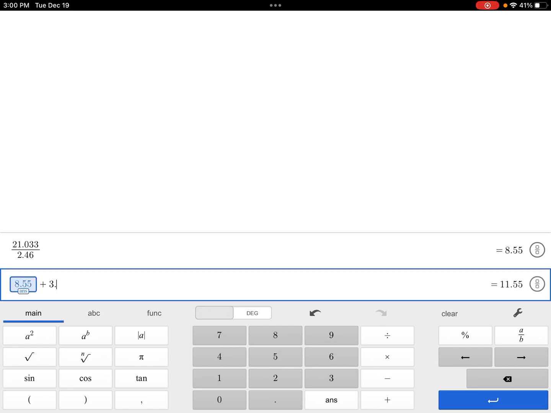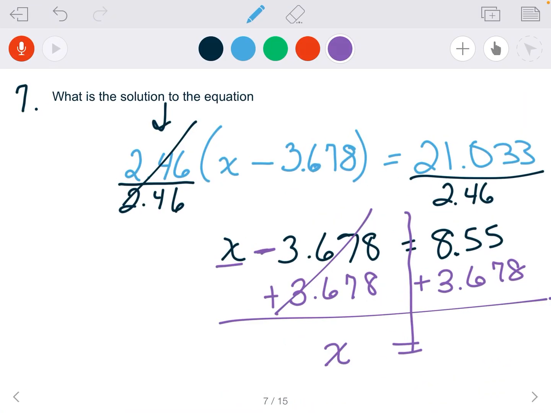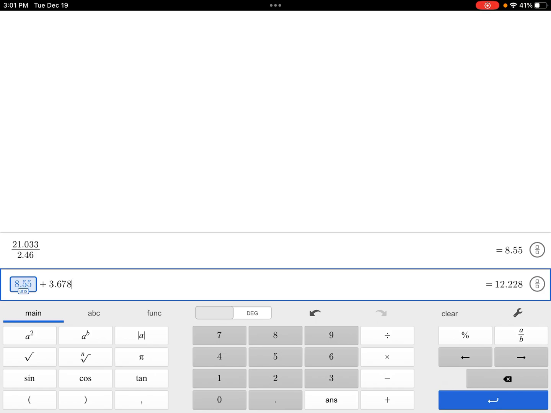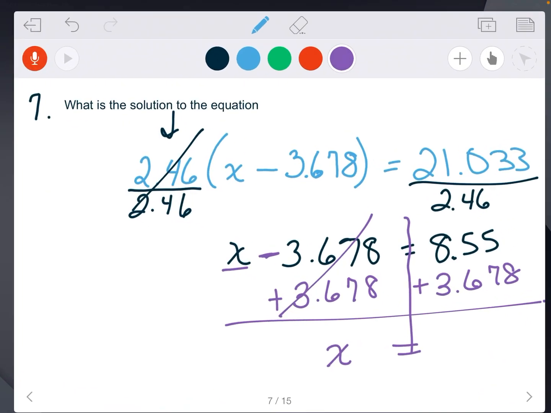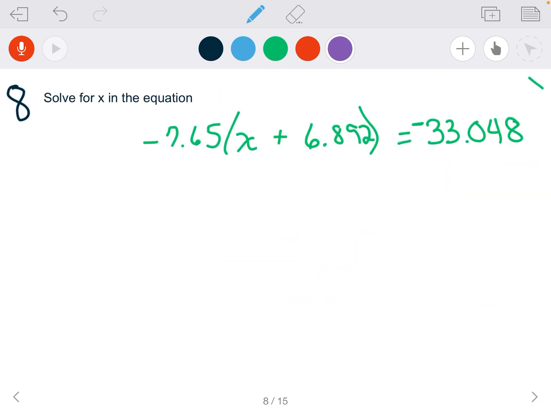That is 12.228. I'm going to make sure I did it right. 3.678. Yep, that gives me 12.228. So x would be 12.228. Your 7 is going to be similar. You're going to have 3 decimal places in your answer as well.